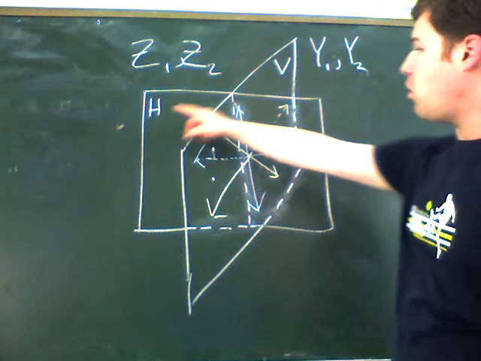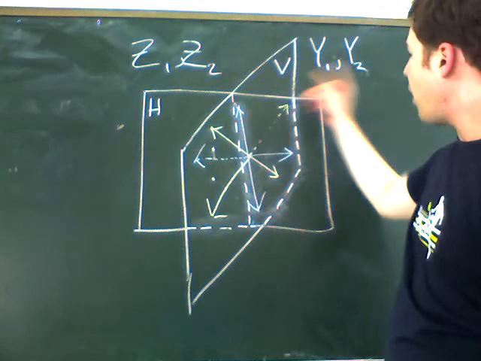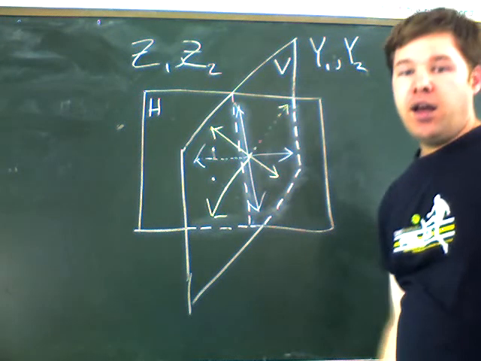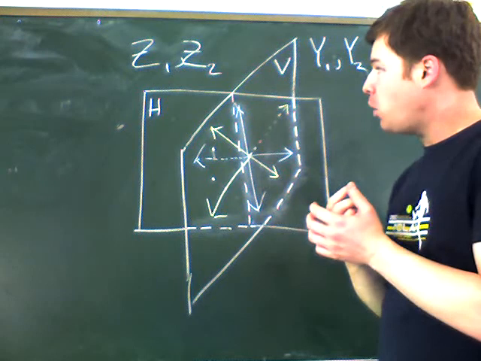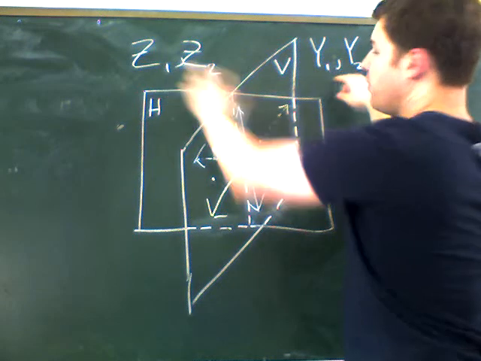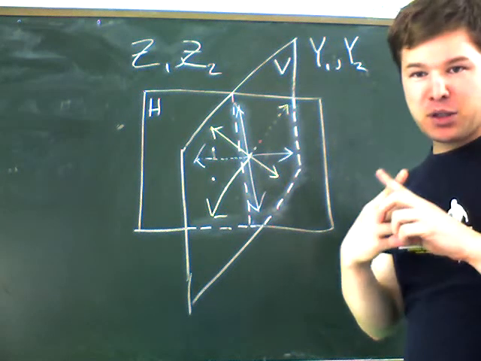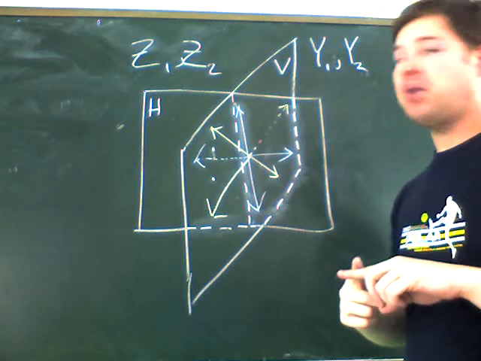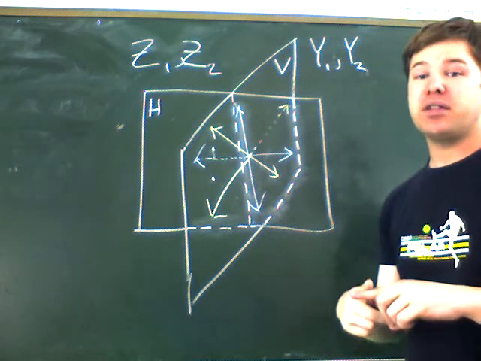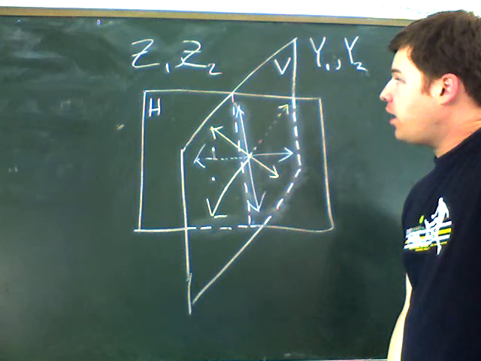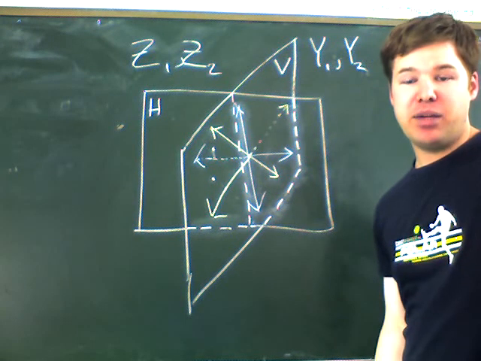One set, the z's, are going to be on plane H, and the y's are going to be on plane V. And we are going to find out where exactly all four of these equations fit, where they all come together. That point right there will be our destination point in our Stargate system or our wormhole system. Okay, and that's about it. No need to make it more complex than it really is for right now.